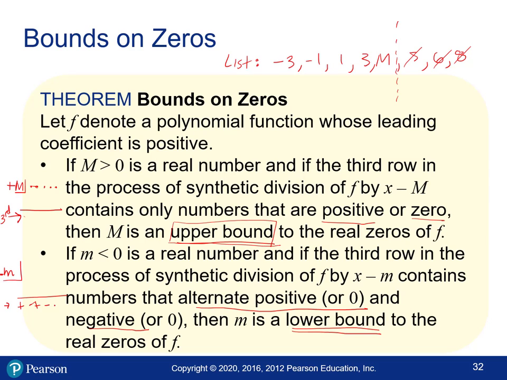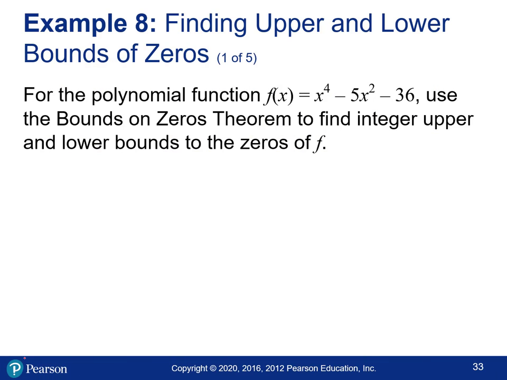If that's how the third row looks after you do your synthetic division, then that number is called a lower bound, meaning that if I modify my list up here really quick and say that your list had little m on it somewhere, then anything lower than that doesn't count. We don't need it anymore because that is the lower bound, meaning nothing is lower than it. So you can cut those numbers off of your list and then just focus on what's remaining to find the zeros of your polynomial. Okay, so let's do an actual example.